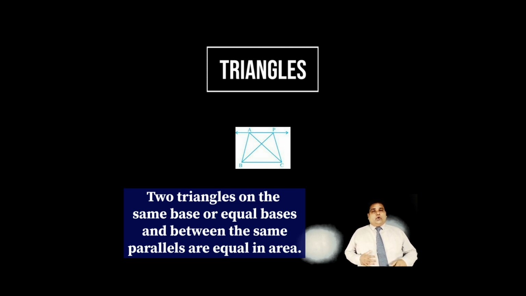Their base is BC, and their vertices A and P are on the same parallel line. So the theorem says that triangle ABC and triangle PBC will have equal area. So we can say always two triangles on the same base or equal bases and between the same parallels are equal in area.